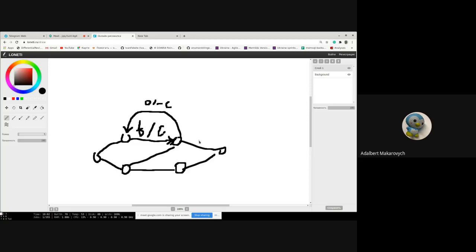So we find a negative cycle with Ford-Bellman, and then we push the flow through this cycle. It has some capacity, so we push it once and delete this cycle from the network. So basically, that's it.